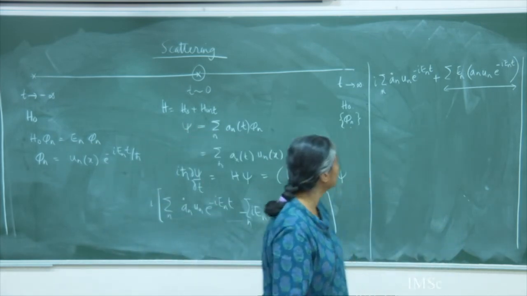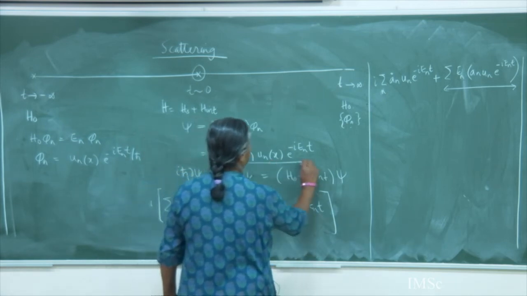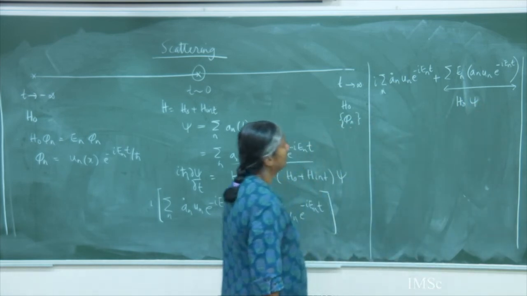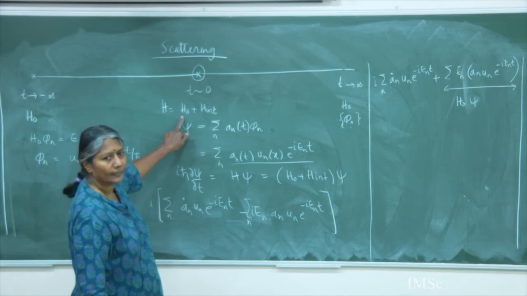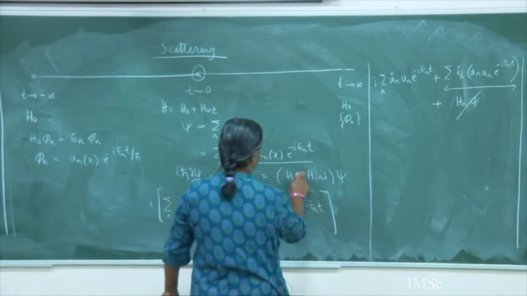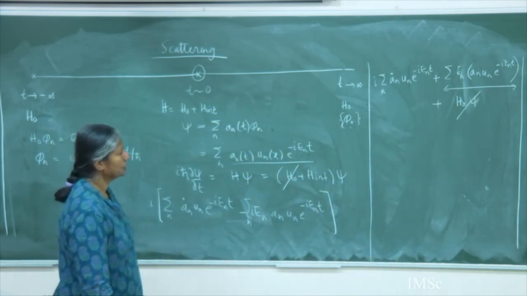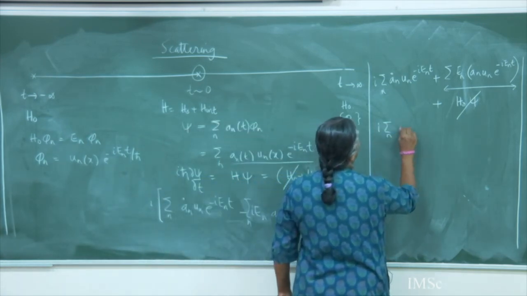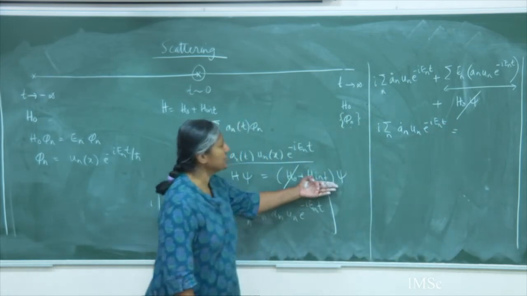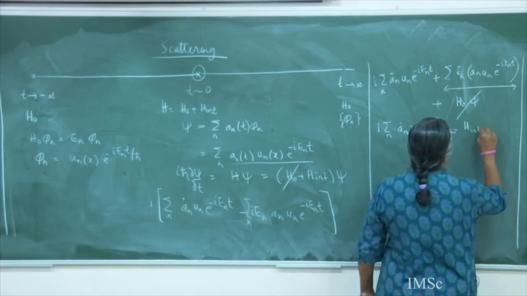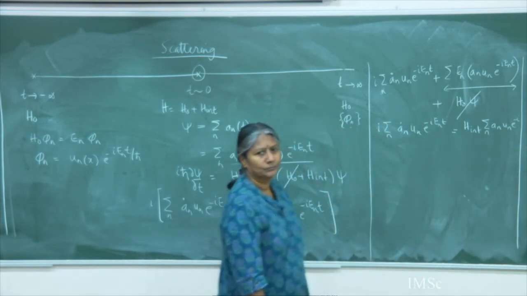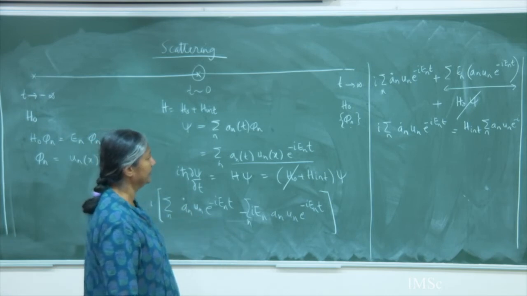Is this clear? So I have i a n dot u n is equal to h int of psi, and psi is, don't worry that you can't see the rest of it, you know it's simply e to the minus i e n t.